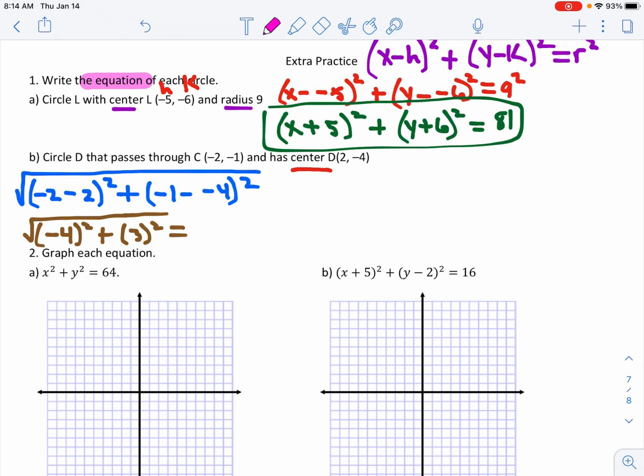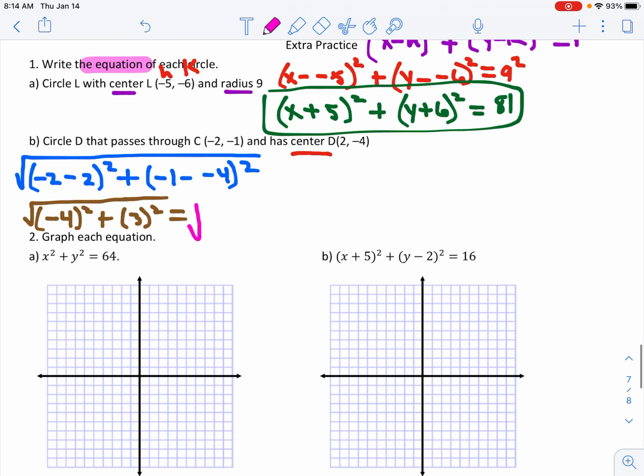And now let's keep cleaning that up. Remember, negative 4 squared will always change to a positive. Negative 4 times negative 4 is positive 16. 16 plus 9 tells us square root of 25, which tells me that r is 5 to start.